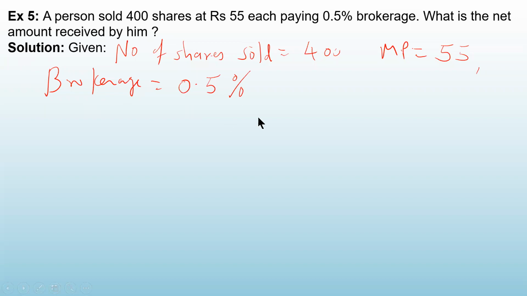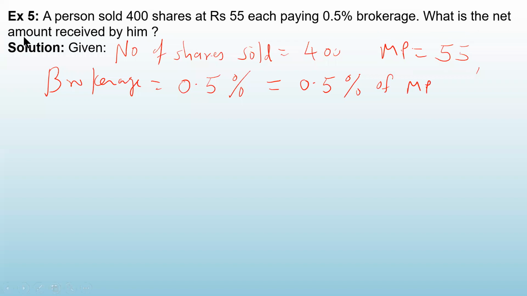So 0.5% brokerage means if the market price is rupees 100, then the brokerage is 0.5. So it is 0.5% of the market price.